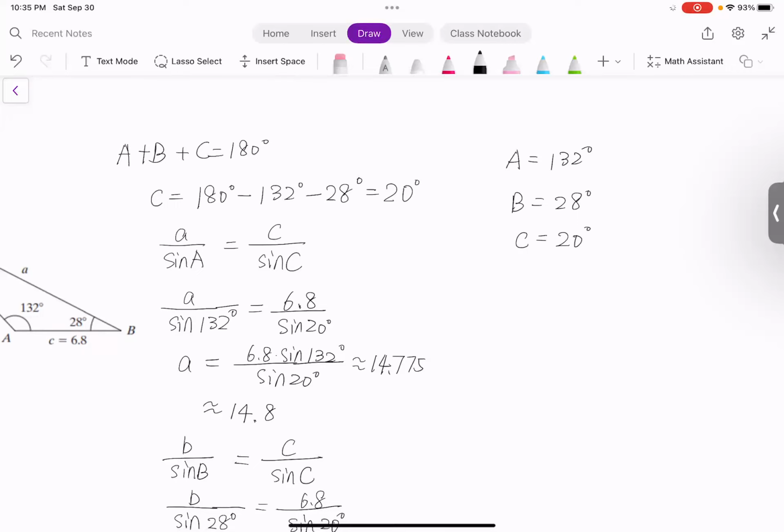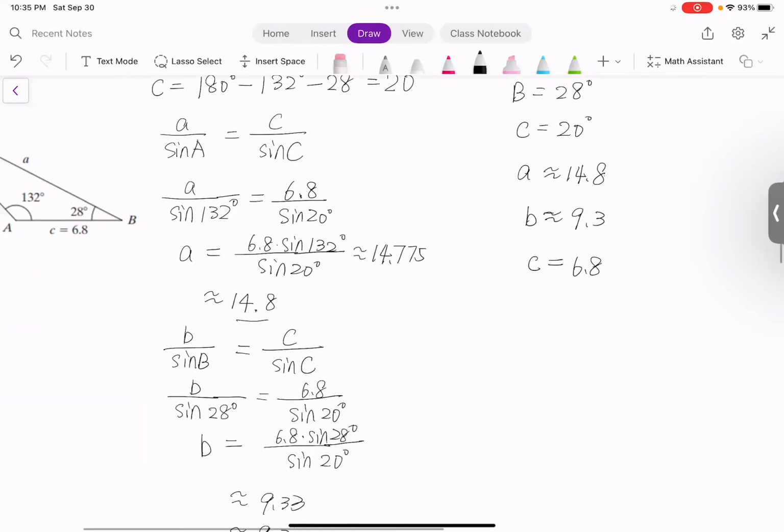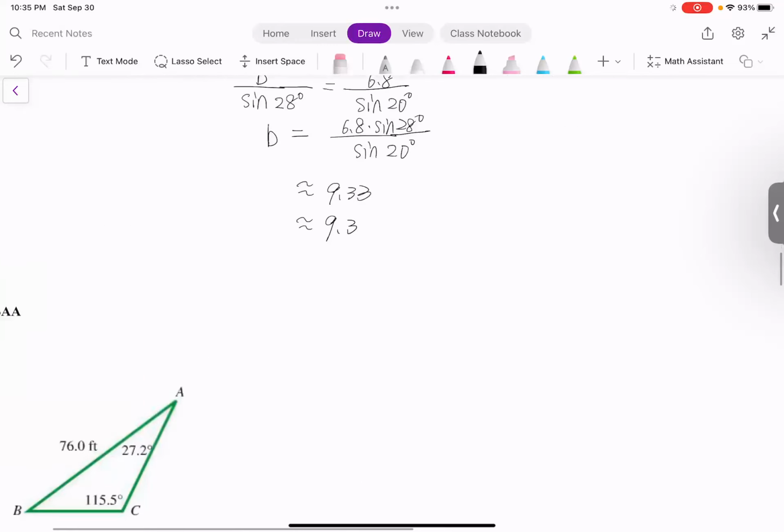A equals, so we found it here, 14.8. And B is also an approximation, 9.3. And C is given, that's 6.8. All right, we found all the missing information.